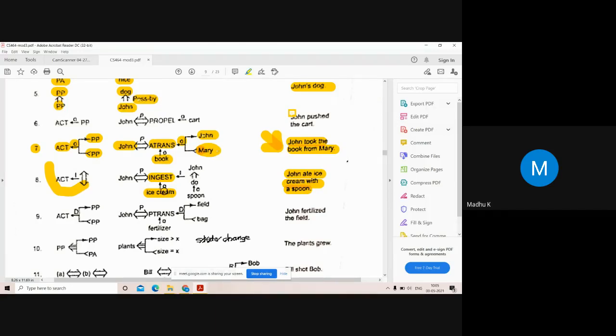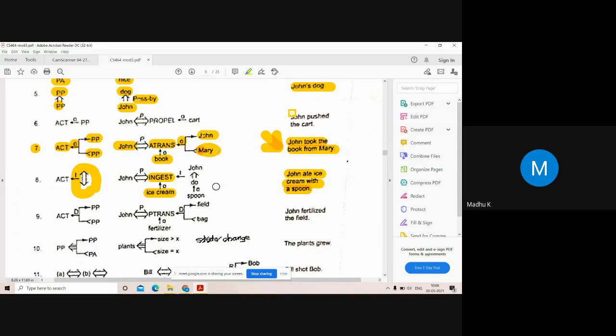He ate. Then, in addition, I want to represent with a spoon. That is, the action is done by using an instrument. Note that, for example, Fajar wrote with a pencil.